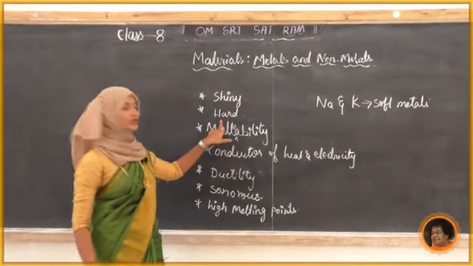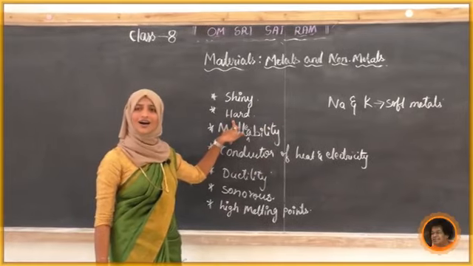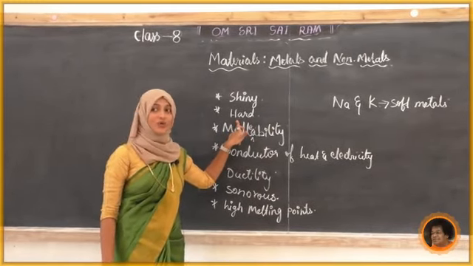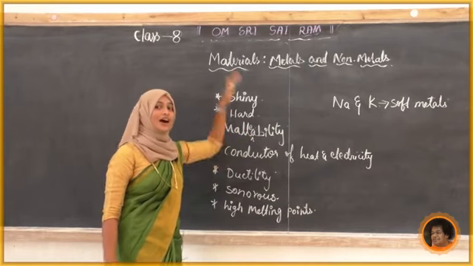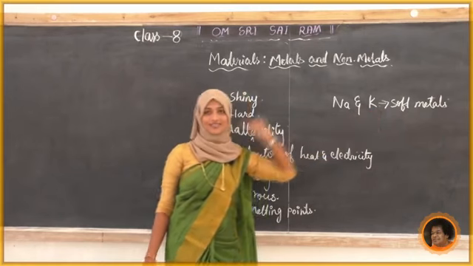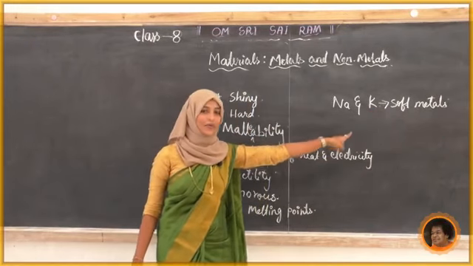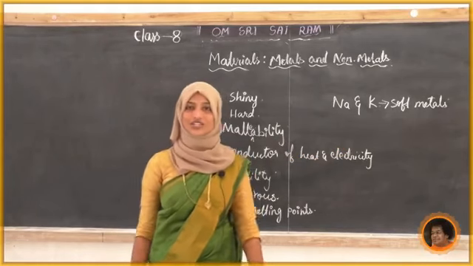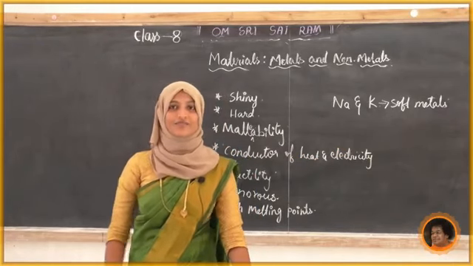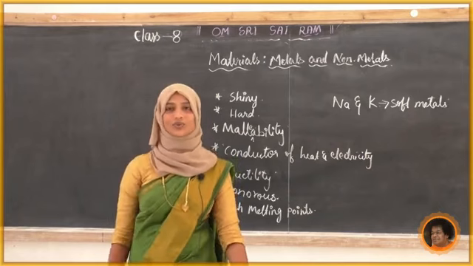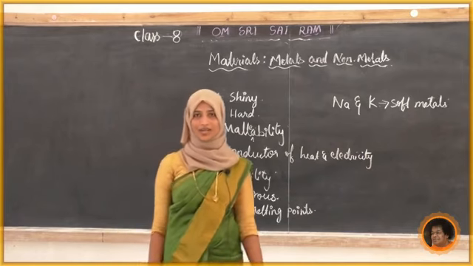Second point we come to know here, all are hard, but exception, see, excepting sodium and potassium, all other metals are hard, but these two are soft metals. This is a very, very important point. Now, how are they storing this sodium and potassium? Yes, in our laboratory, we are using kerosene to store this sodium.